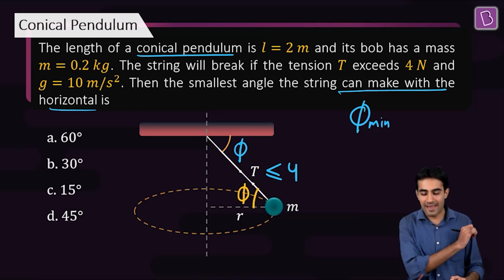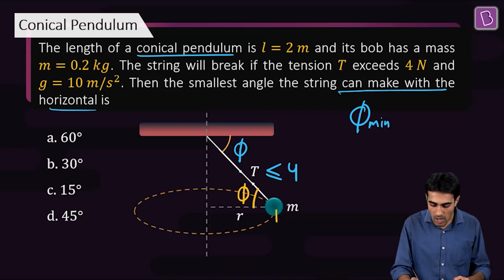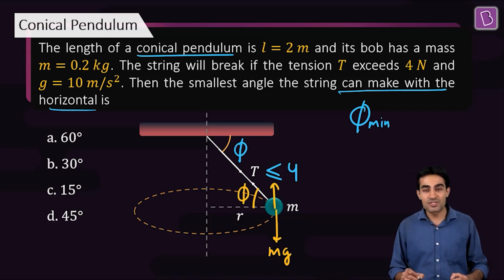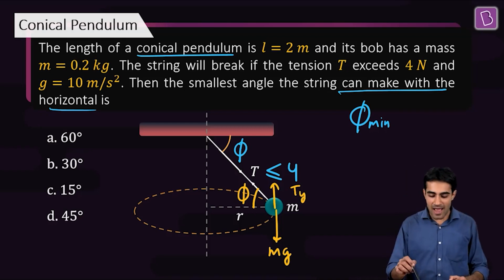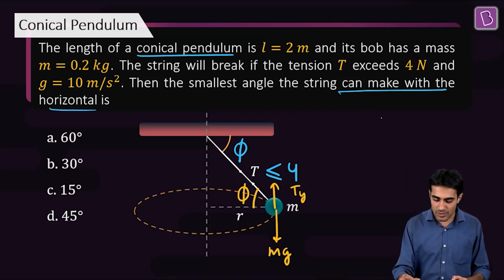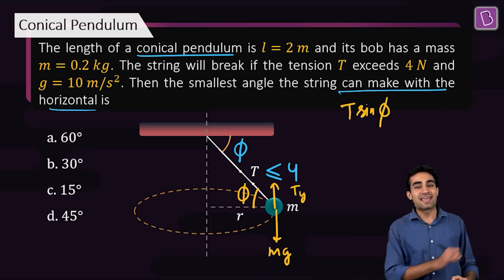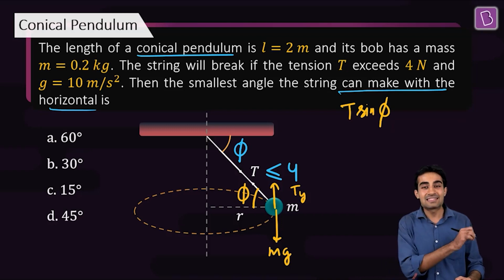This is phi. mg is acting in the downward direction, and one component of tension is in the vertical direction. We will call it Ty. The value of Ty we can see is equal to T sine of phi. Can we say it? T sine phi is Ty.